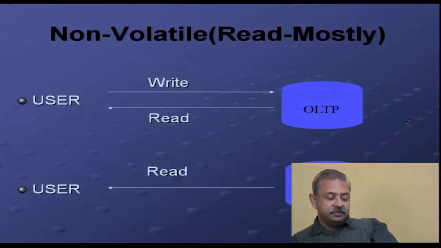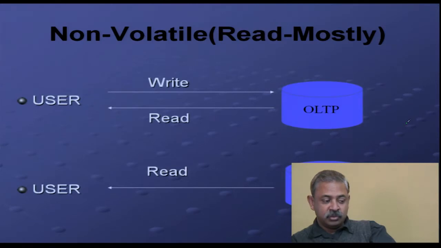Right, and the nature of a data warehouse is typically read-only, or we call it read-mostly. What read-mostly means is that most of the time I'll just read from the data warehouse. I'll not typically write to the data warehouse. When I say write, I mean changing the values. And operational systems are typically read and write.